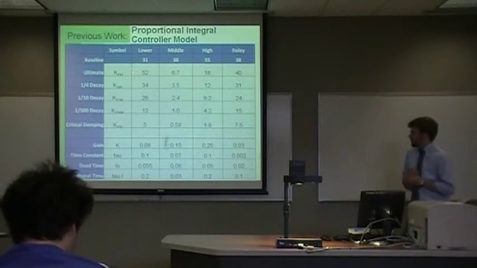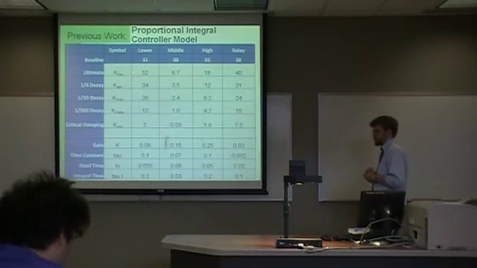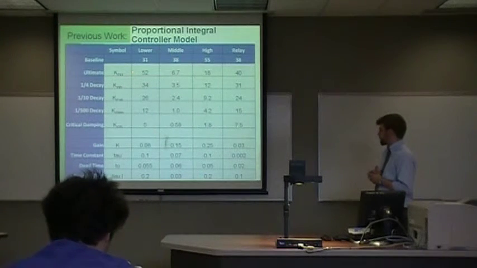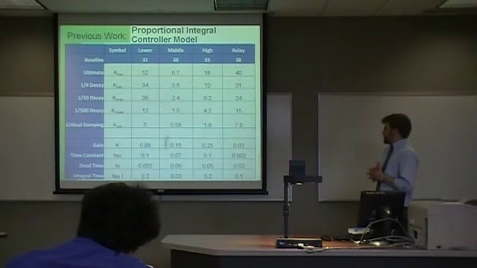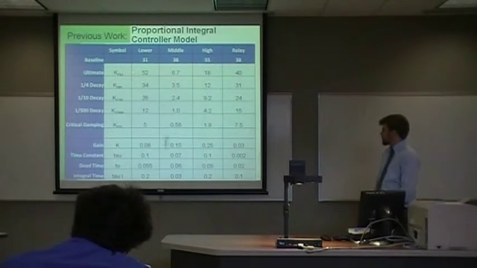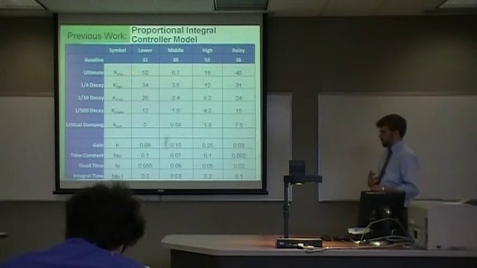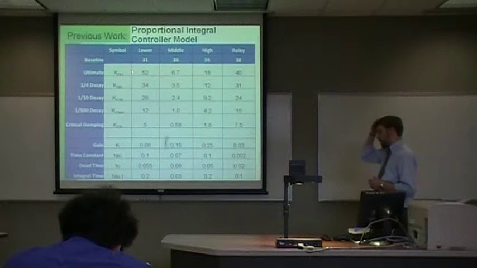Notice the bottom line there, for Tau-Ci large, by large I mean about 3 times T0. In fact, the one in the very bottom right is 5 times the dead time.